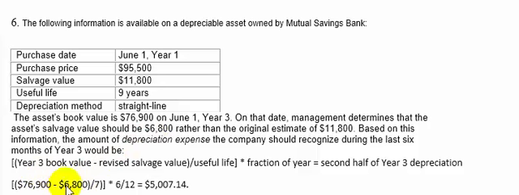That result is divided by 7, because there are 7 years left, times a half a year, because that was at June 1st, so we're going from June 1st to the end of the year. That means the second half of year 3 depreciation would be $5,007.14.